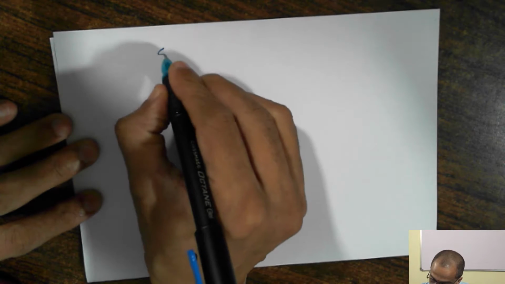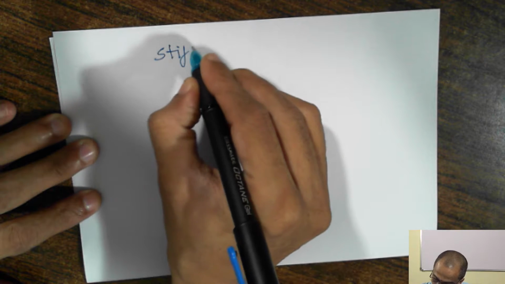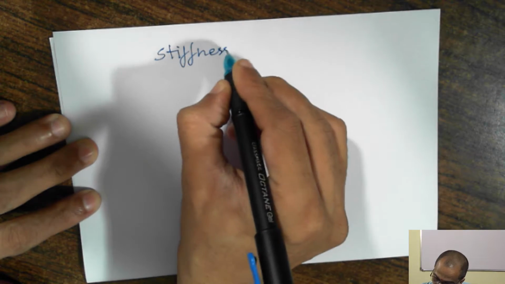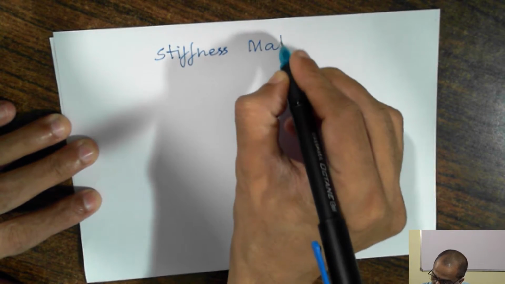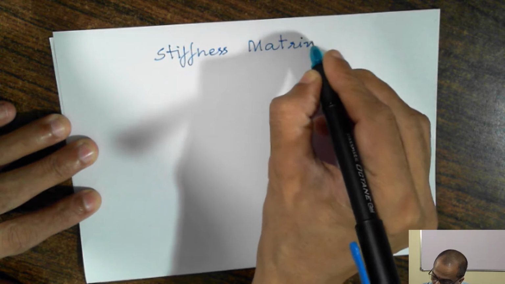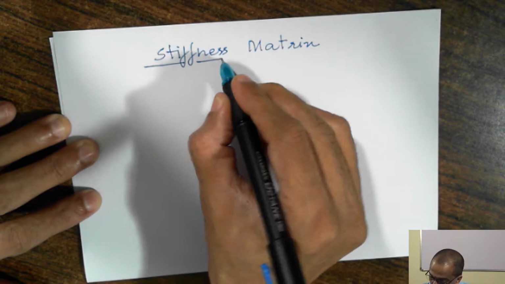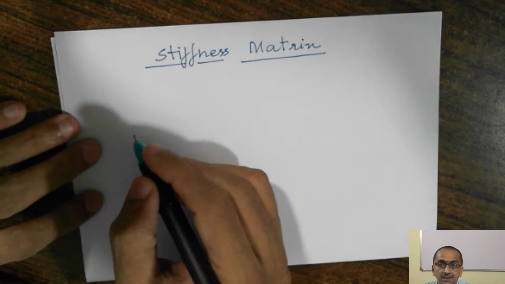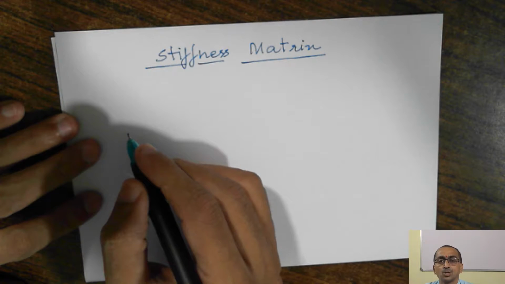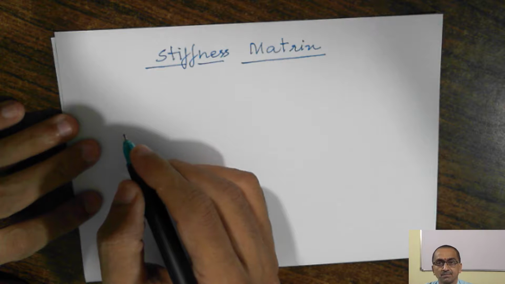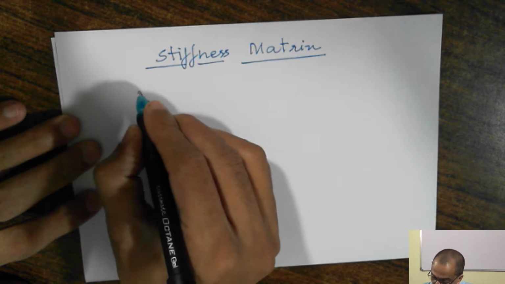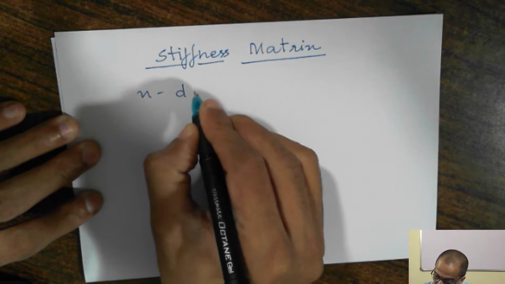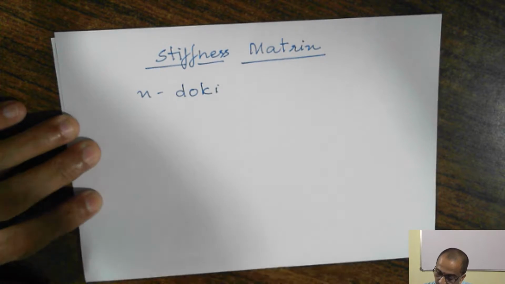So we'll begin with stiffness matrix. Stiffness matrix is a square matrix of the order n, where n is degree of kinematic indeterminacy for the structure.